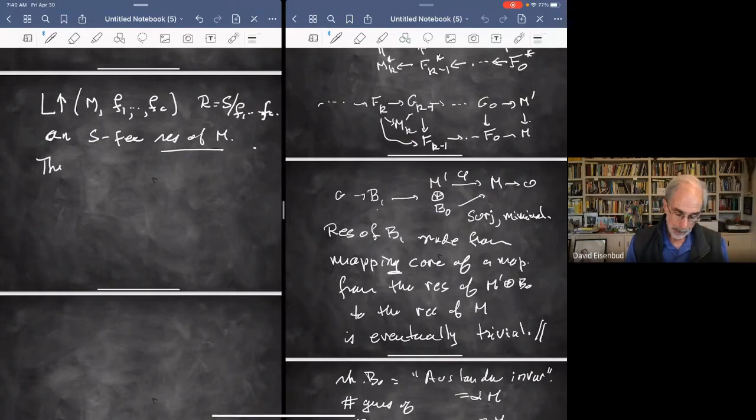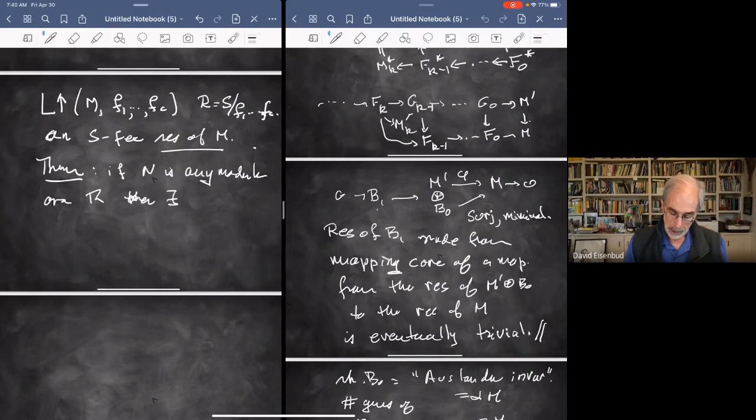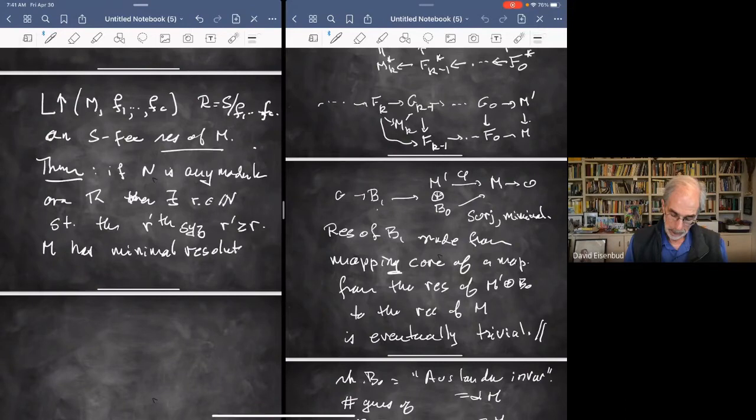And the theorem, which I'm not going to prove, but you can make it more precise here too, is that if N is any module over R, then there exists a number little r such that the rth syzygy, or any higher syzygy, I could say r prime syzygy for r prime bigger than or equal to r, of M has minimal resolutions, L upper and L lower.